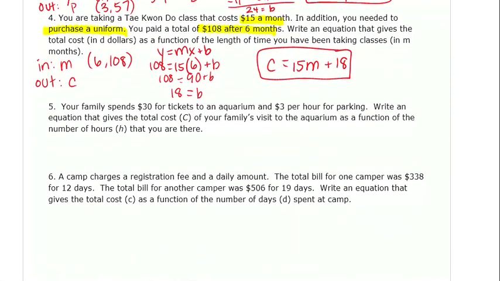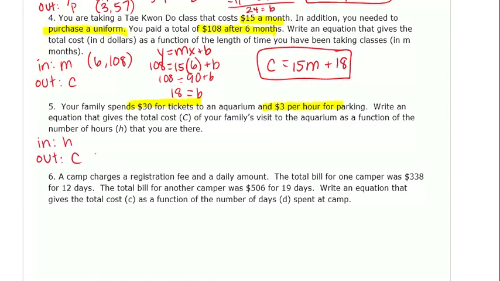Number 5, your family spends $30 for tickets to an aquarium and $3 per hour for parking. Write an equation that gives the total cost C of your family's visit to the aquarium as a function of the number of hours, H, that you were there. In this case, our input is the number of hours, which gives us the cost.